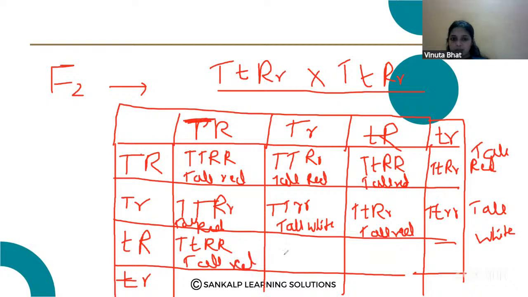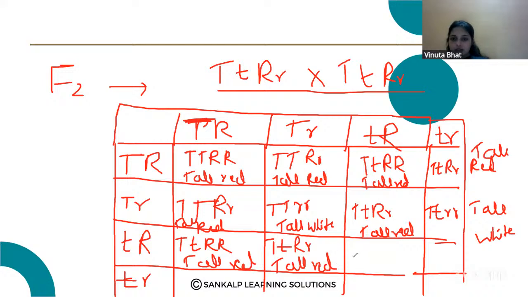Then next one, calculate this one, capital T, small t, capital R, small r. This is also a tall red plant.